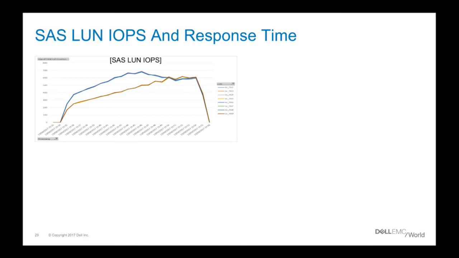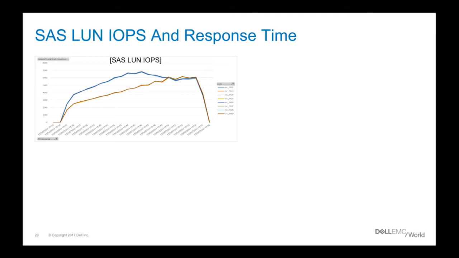So in this instance, we're having a look at the SAS LUN IOPS, and we can see that at the period of time that was reported, the workload is scaling up in IOPS, but it seems to hit a plateau. Now, we only understand and can observe that because we have discussed that with the originator of the problem, and he was indicating that the workload was increasing and he was hitting unacceptable levels of response time.